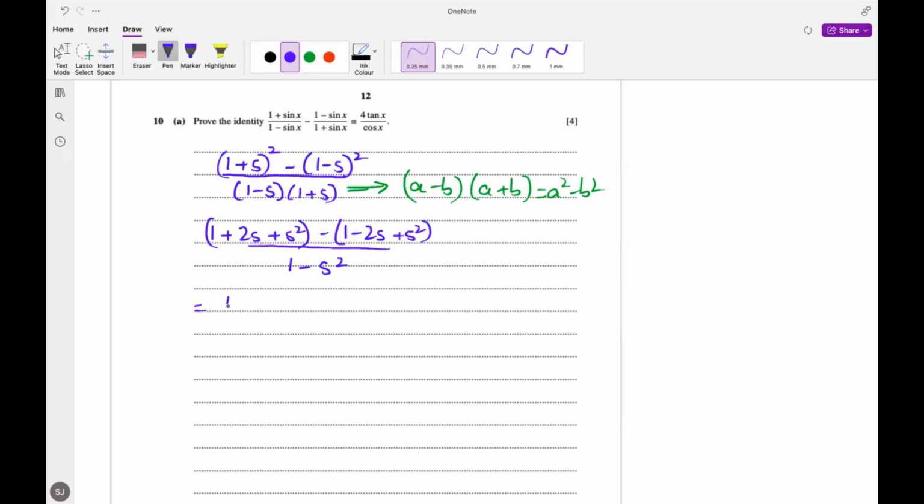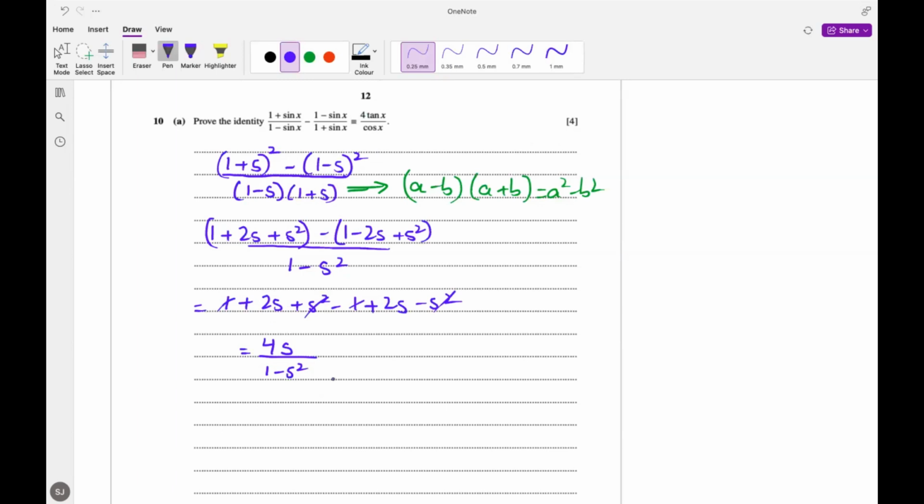Expanding the bracket in the numerator, sin squared and sin squared will cancel, and 1 and minus 1 will cancel. So the numerator will be 4 sin x, and in the denominator, we'll have 1 minus sin squared x.